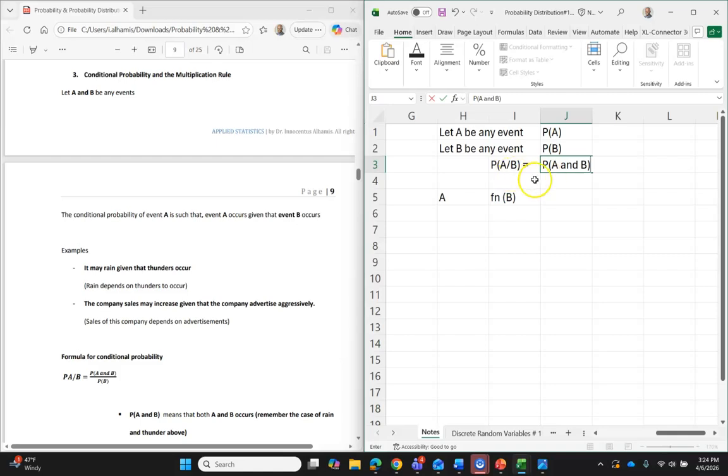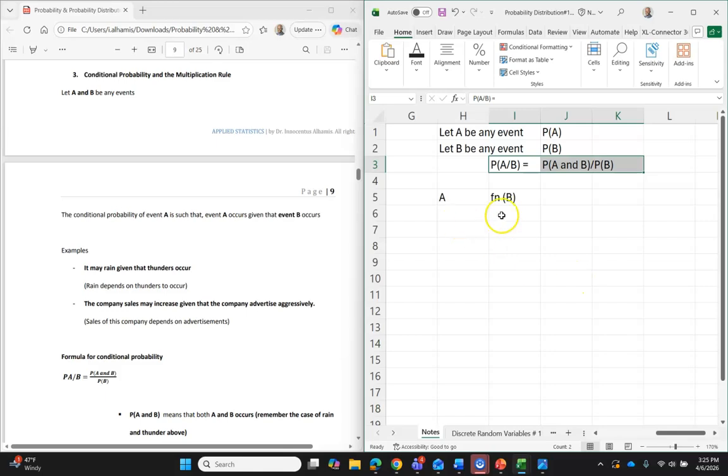So it should be probability of A and B, the joint probability, divided by probability of B. That is the formula for a conditional probability, and that's how we can identify it.